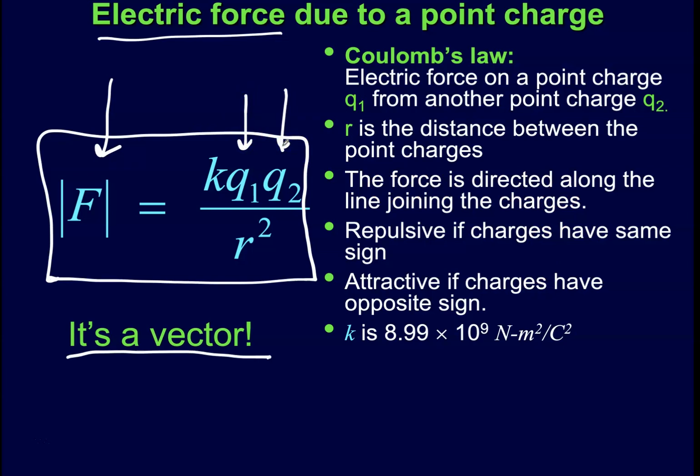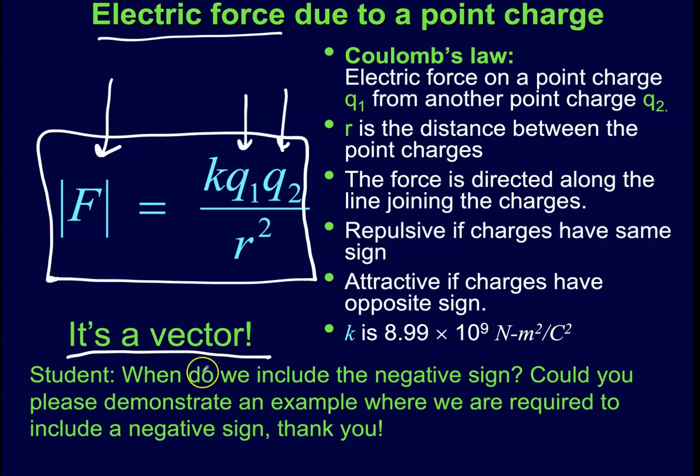I think it's easier, when you're dealing with forces, to always use positives for those Q's and then use your brain to figure out which way it's pointing. Someone asks, when do we include the negative sign for the charges? Again, in my opinion, I don't. It can be kind of tricky sometimes, so we'll do a problem that maybe shows some of this.